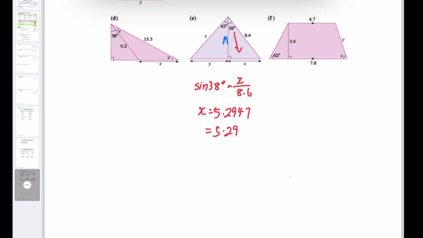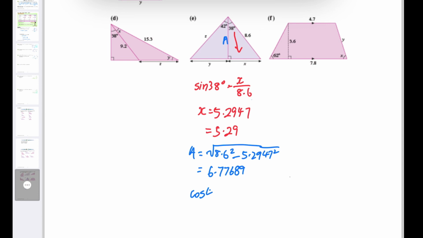So to find a, we can use Pythagoras theorem, where a equals the square root of 8.6 squared minus 5.2947 squared, which is 6.77689. Yeah, so that is a.